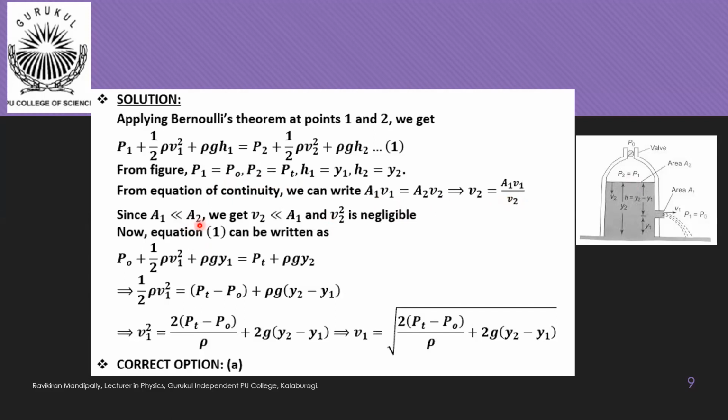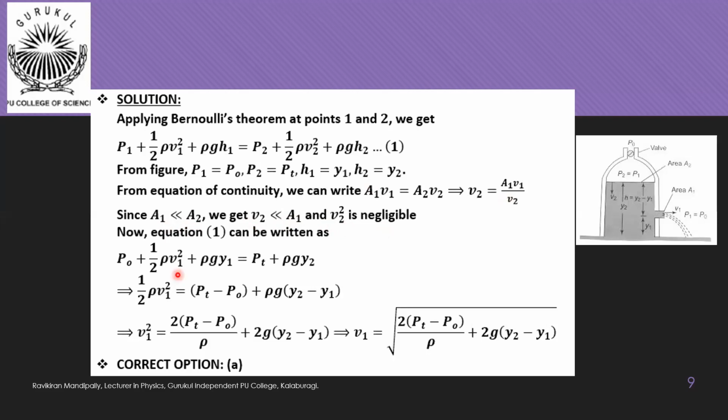So we get V2 much lesser than V1. And since V2 is much less, V2 square would be negligible, that means the term involving V2 square can be neglected.